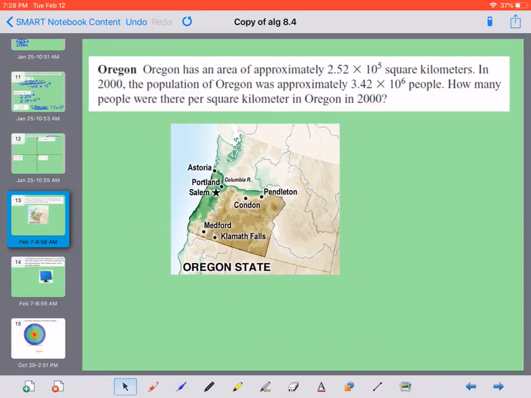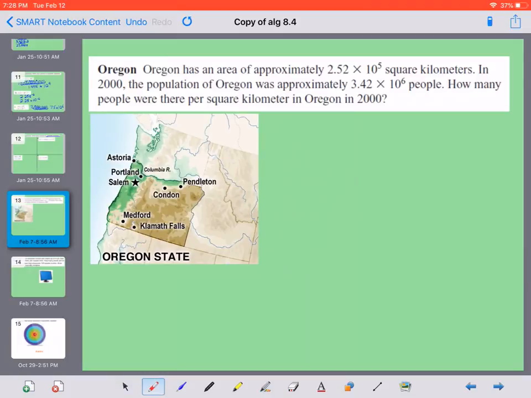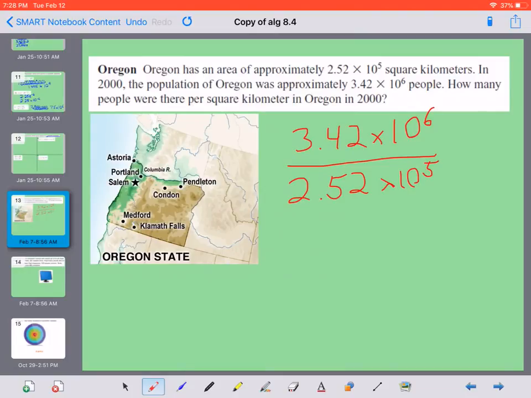So, what we're going to do is take the amount of people, 3.42 times 10 to the 6th power, divide that by the number of square kilometers there were, 2.52 times 10 to the 5th power. That should show us how many people were in each square kilometer.